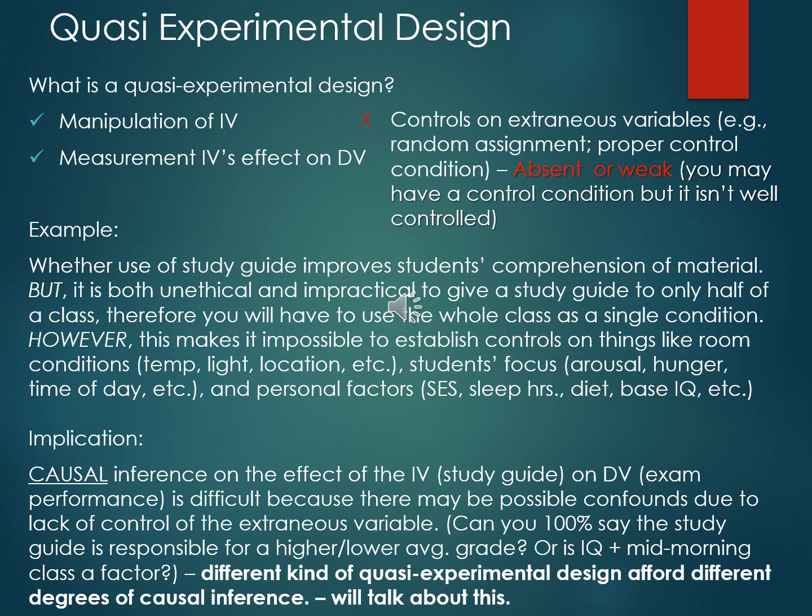In that case, the control is weak because there is a likelihood that different kinds of students are in the class. But nonetheless, it's better than not doing an experiment or trying to do an experiment by randomly assigning the condition within the class, which may anyway compromise the experimental control. So that is the quasi-experimental design.